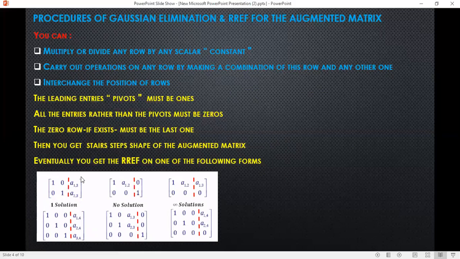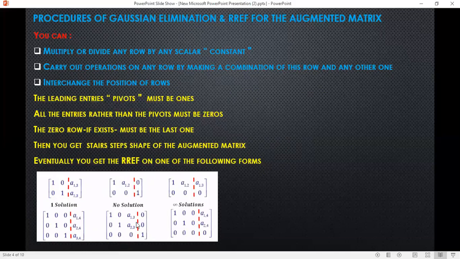You will compare your result with this one, and then here we have 1x plus 0y is equal to this number A13, and 0x plus 1y is equal to A23. This means that x equals A13 and y equals A23, and this means that there is only one solution.